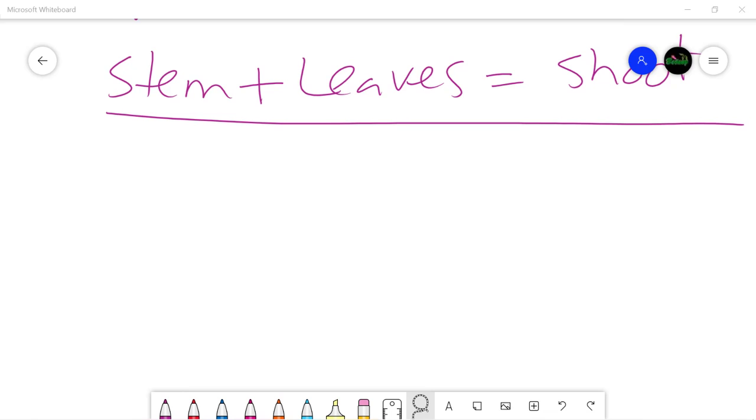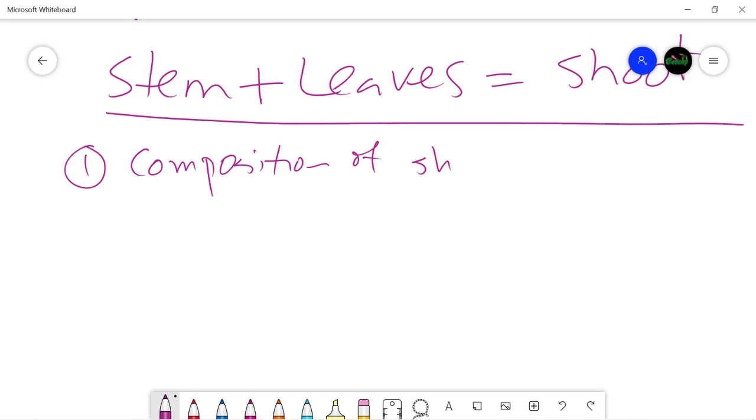We are going to discuss two things here as far as the shoot and the stem are concerned. First, the composition of shoot, or what it consists of, although we know about it.